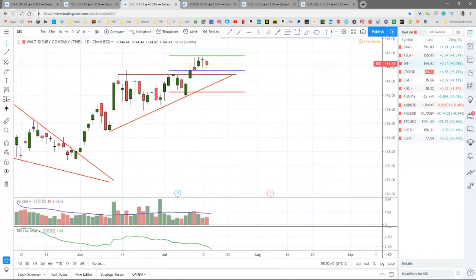Let me get my drawing tool here. May have been spent on this bar right here. And then it pulled all the way back. And now it's just going sideways. I may give it another day to explode and hit our first target. But if not, I'm going to just close it because I'd rather tie my money up in something that's actually moving.